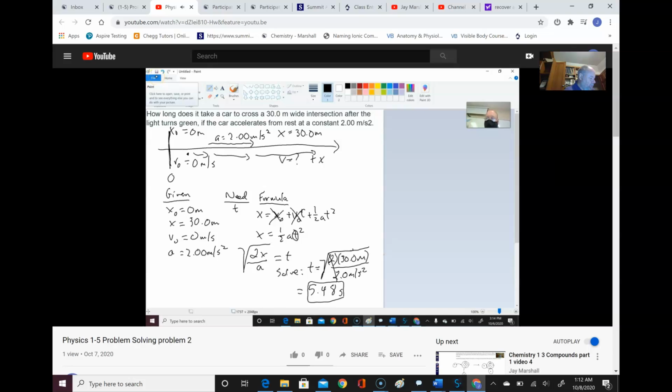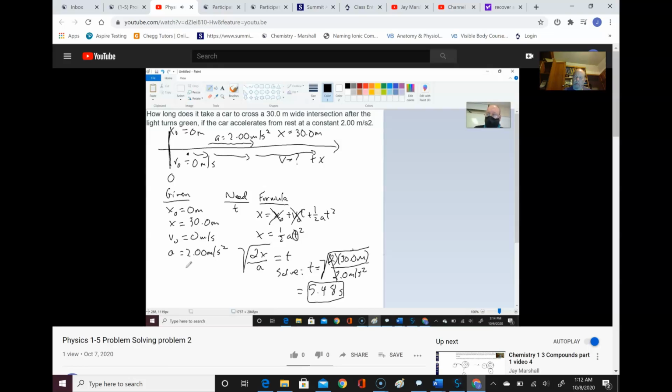Okay, again, notice I did not have to do anything in the way of thinking. I just followed this process. I collected my information on the motion diagram, x0, x, v0, v, a, and I wrote it down in a standard form here, and then I said, oh, I need time, and then I asked my question, do I have time or do I need time? Yes, I can't use that last formula.